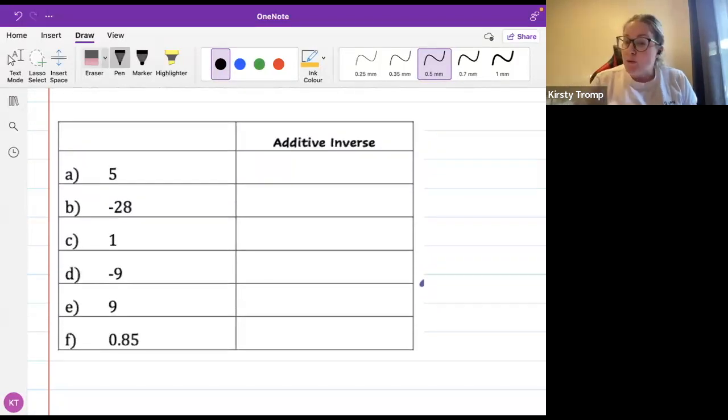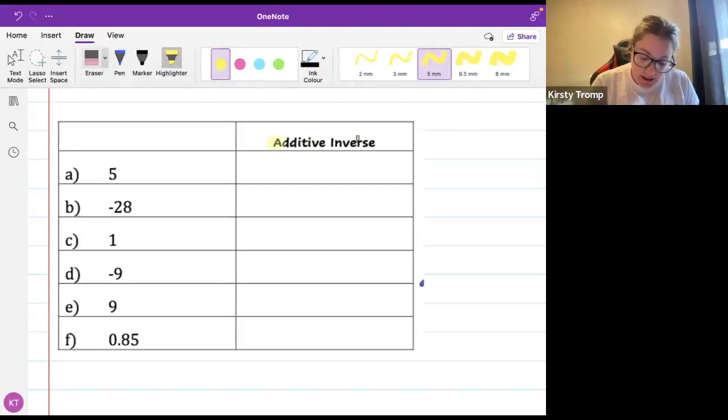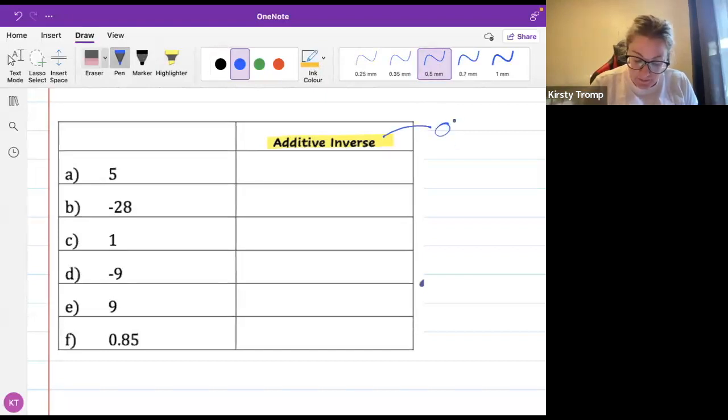Right, so a little bit of revision about additive inverse. Additive inverse is a fancy way of saying opposites. In maths, the fancy way of saying opposite is additive inverse.